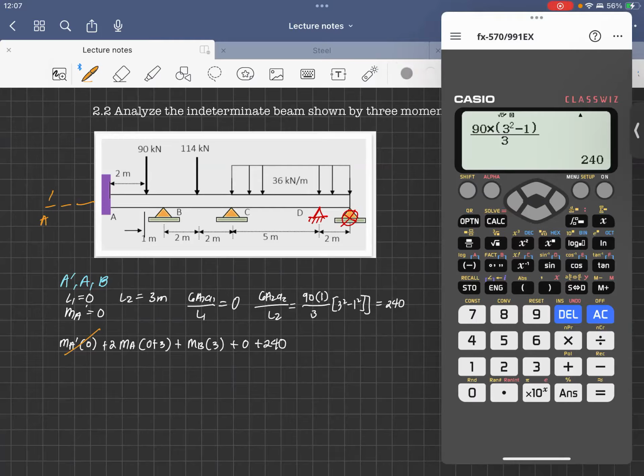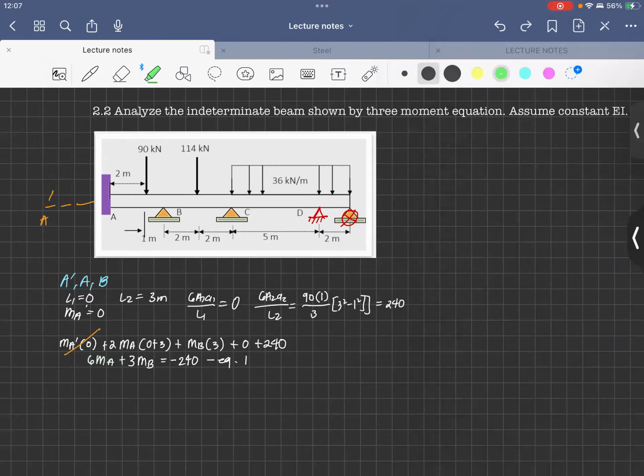Then we write, so we have 6MA plus 3MB is equal to negative 240. So this is your equation 1. So let's highlight equation 1.